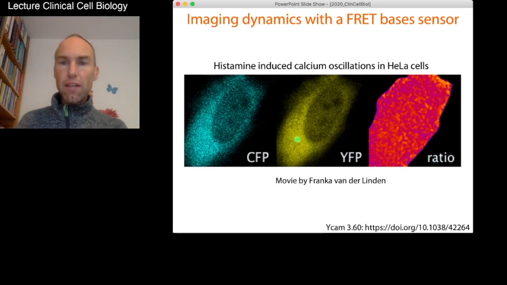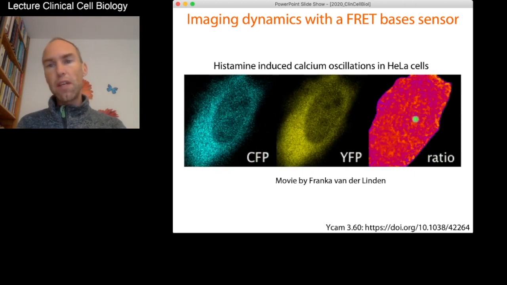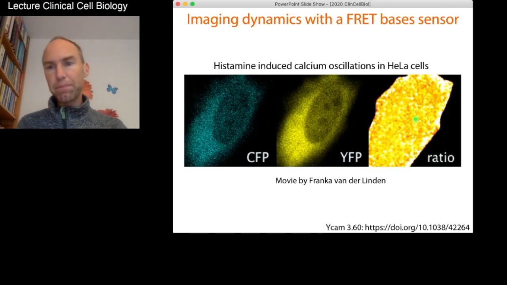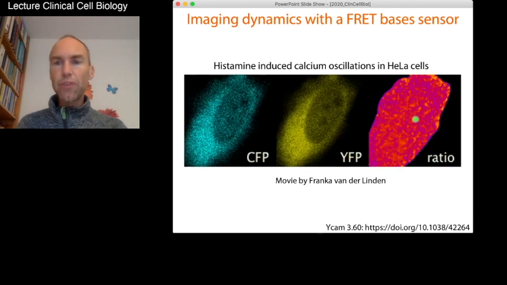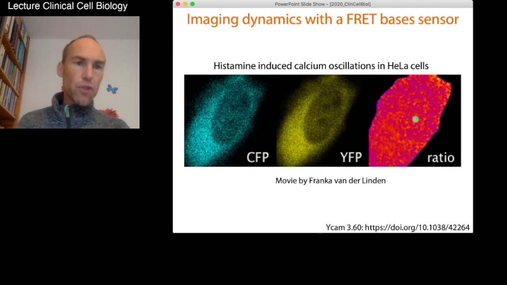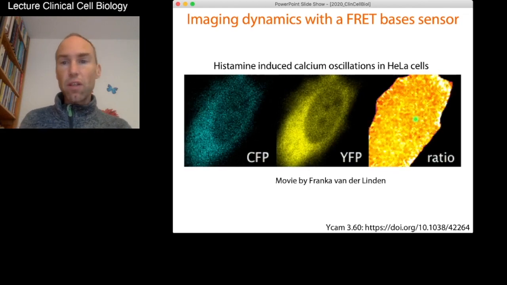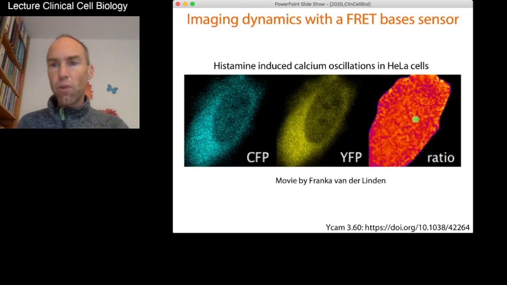And you see that in both channels. And again, on the right here, we see a ratio image. And this ratio image now reflects what happens with calcium. So this is a very nice technique to measure in real time in cells the concentration of calcium, but you can also measure, for instance, the activity of GPCRs and heterotrimeric G proteins. So it's a very powerful technology.